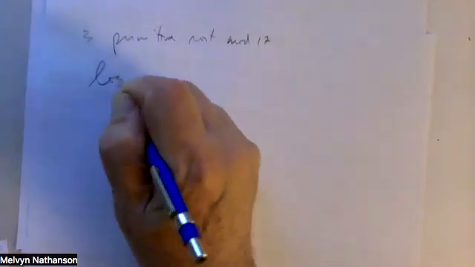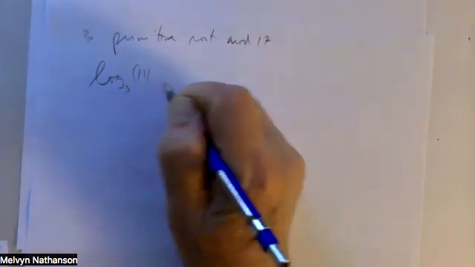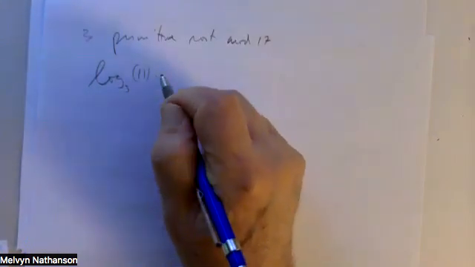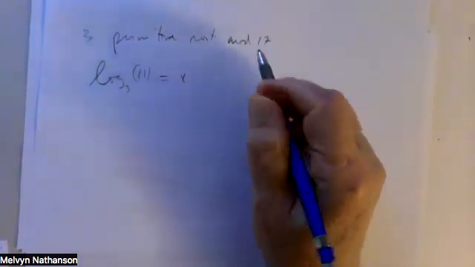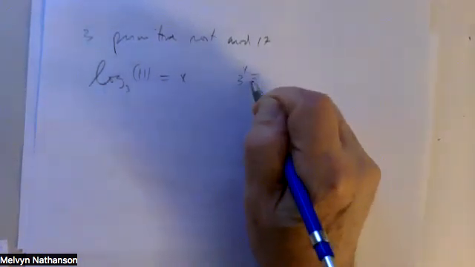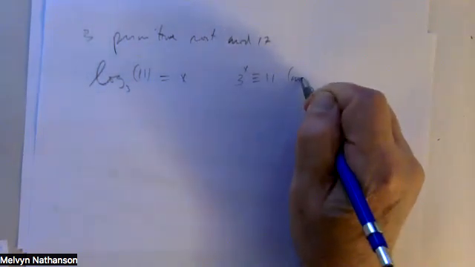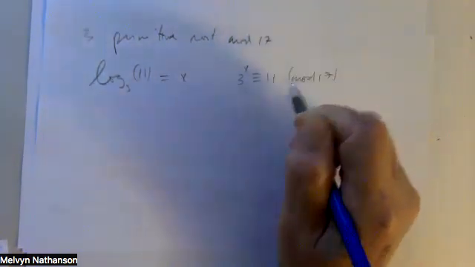So if we want the logarithm of 11 with respect to the base 3, let's call it x. So x has the property that 3 to the x is congruent to 11 mod 17. So you have to take the powers of 3 until you get 11.